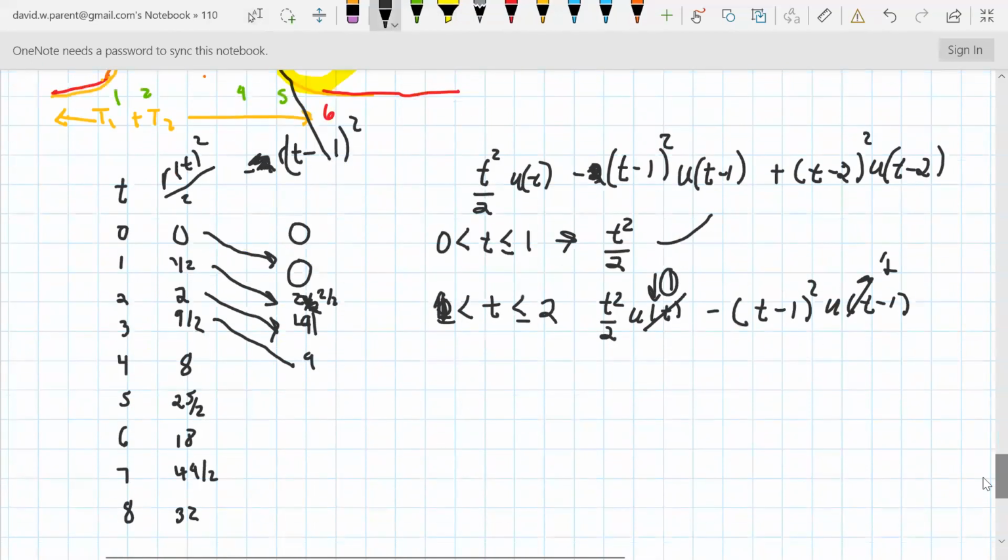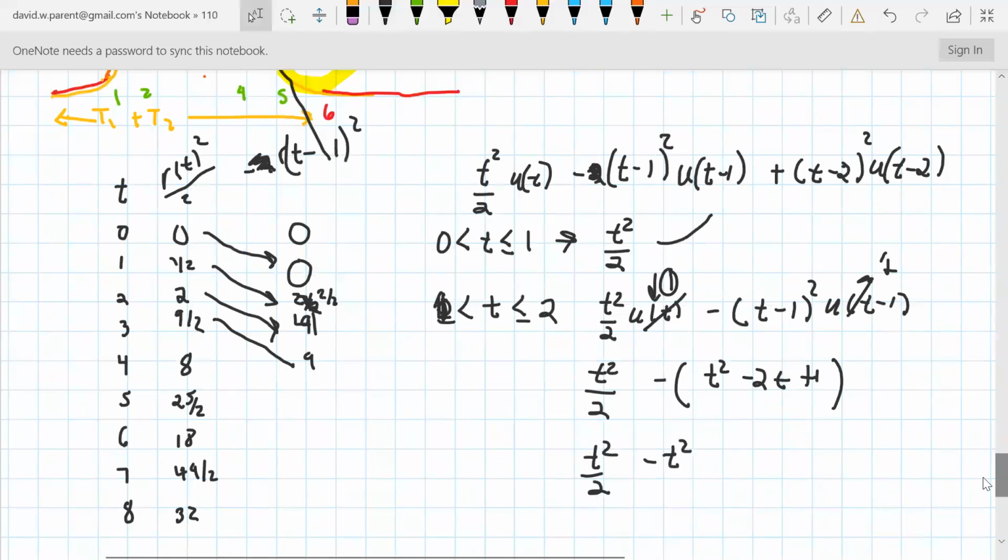Well, for this time frame, I have t squared divided by 2, then I have minus (t squared minus 2t plus 1). Then I'll have t squared divided by 2 minus t squared plus 2t minus 1.